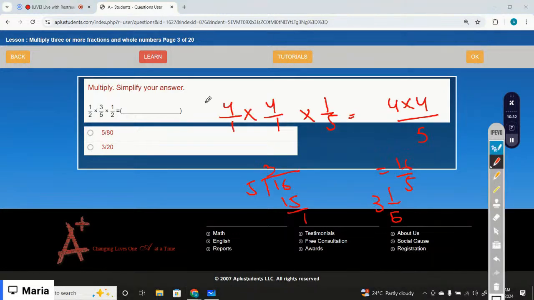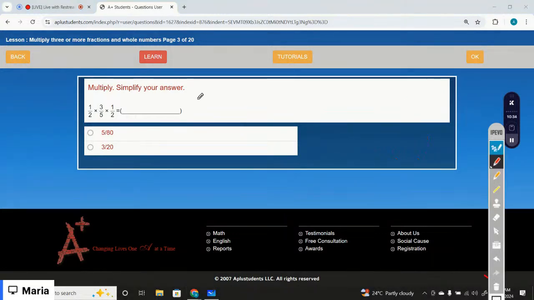That is 3 divided by 20. Option number 2 is the correct option.